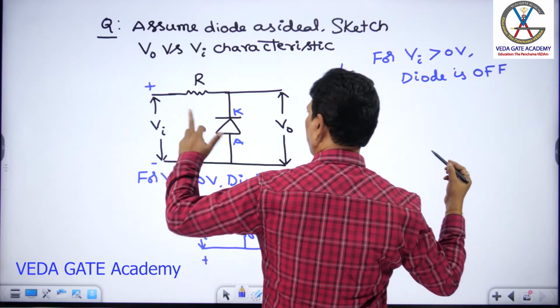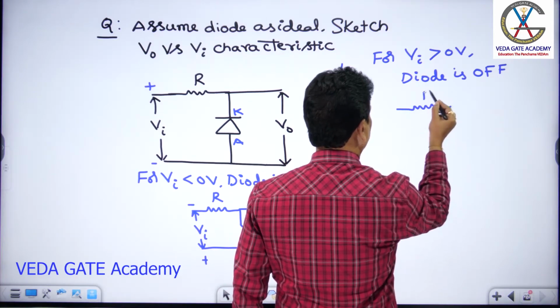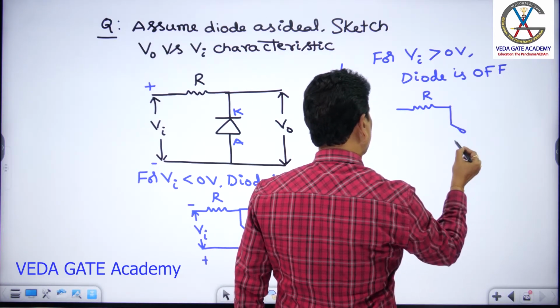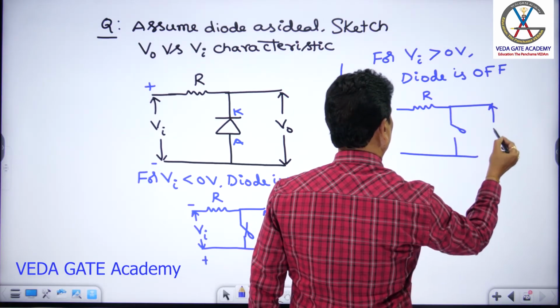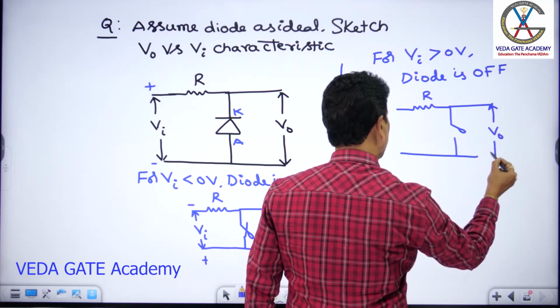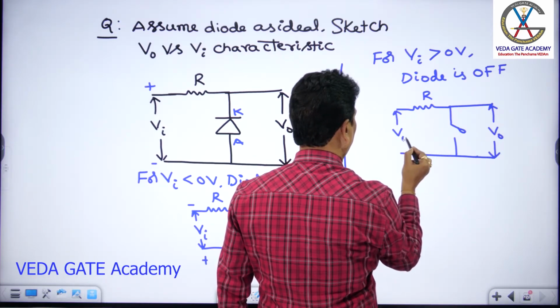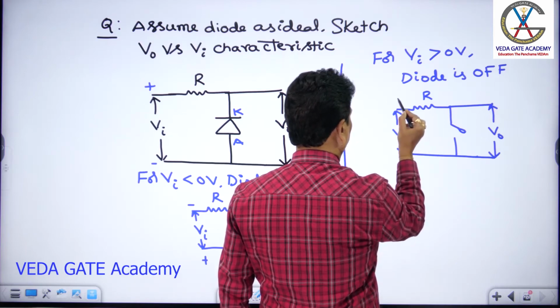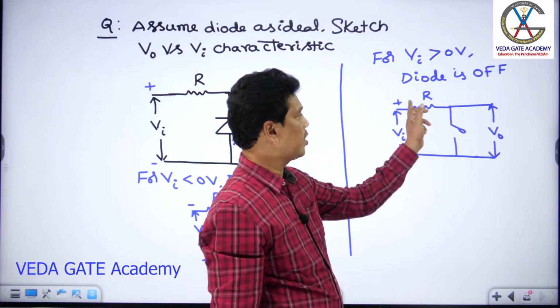Once the diode is open, the equivalent model of the circuit is like this. This is R, this will be the open diode, this is the place of V0, and this is the place of VA. Because the diode is open, it is an open mesh.